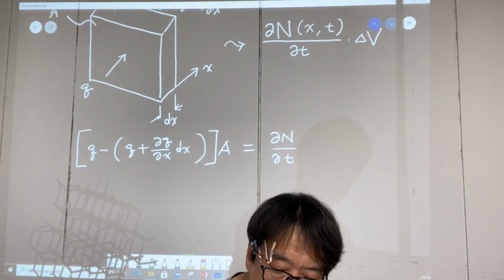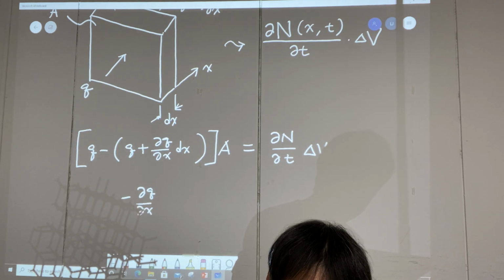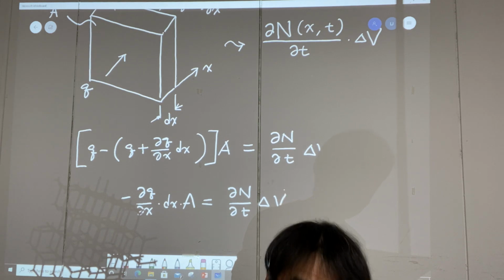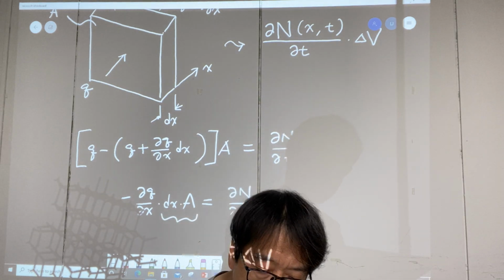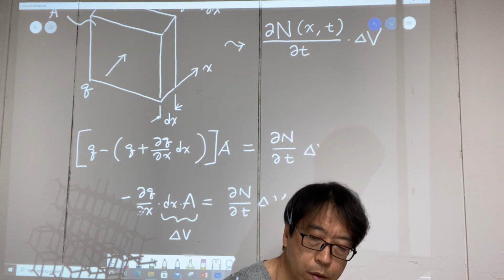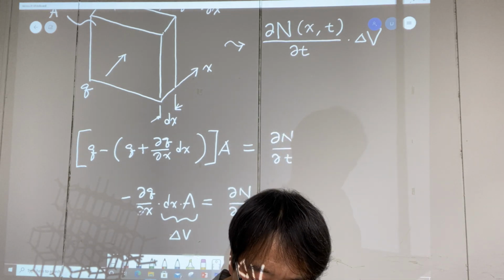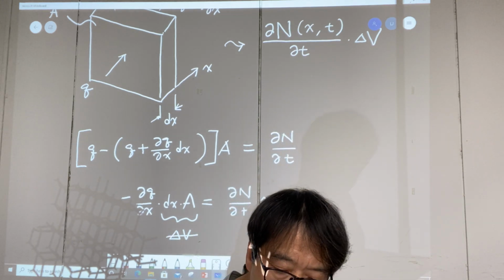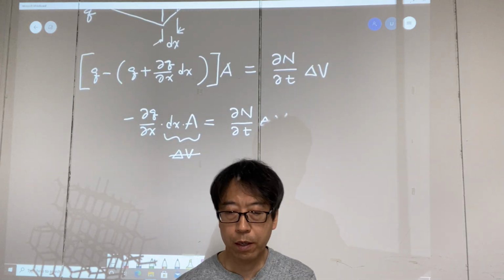Now if you take this difference, you have minus partial q, partial x times dx times A equals partial n, partial t, delta V. Isn't this the volume, area times the thickness? So this volume and this volume will cancel out. So now you have this equation right here.